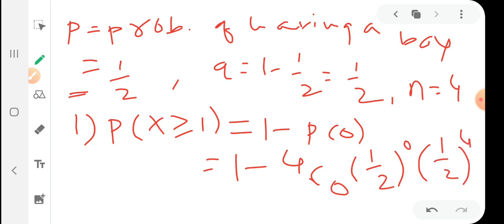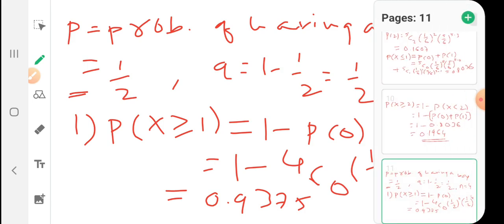Now I have written this directly; you can write the formula first if you like. Now do this calculation. Find it, 1 minus 4C0 whatever it may be. You will get 0.9375. Try on your calculator and get the answer. Once you get 0.9375, this is for one family. Now for 2000 families, you have to multiply by 2000.